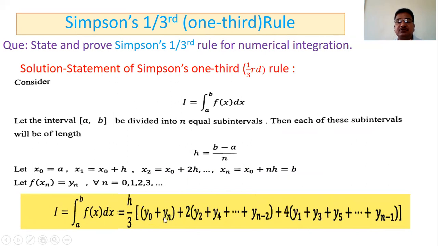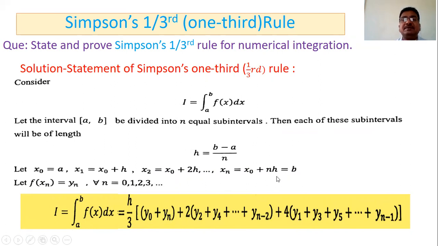If the last point yn is y9, the bracket does not contain y9, even though it is an odd suffix. Similarly, if n is 4, then y4 is not in the bracket because y4 is last. So 2 times the even suffixes and 4 times the odd suffixes of y.